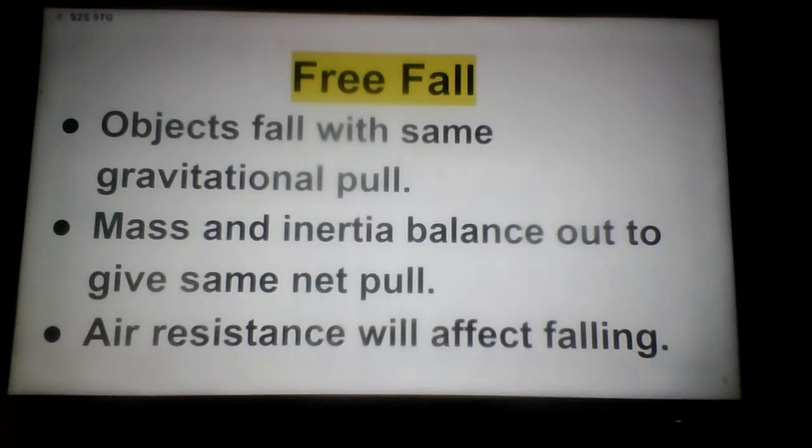Gravity pulls on both papers exactly the same, but the balled up paper has less air resistance, so that falls faster. It's not always weight and mass, it's air resistance. All of those combined will determine how fast an object falls. But disregarding air resistance, and in introductory levels, we have to disregard some things that really do happen, every object would fall the same. Ready?